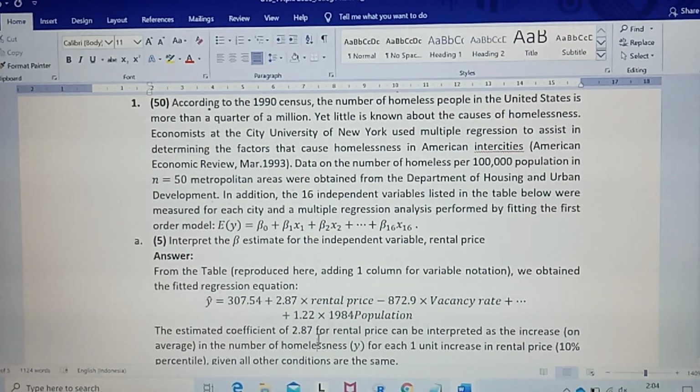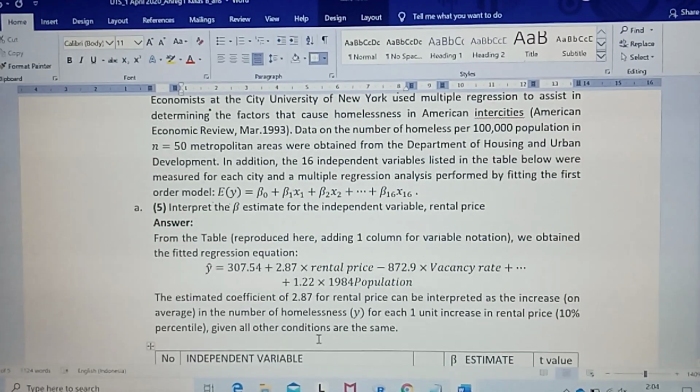The interpretation of the beta estimate for the rental price: here we have 2.87, and because our y is the number of homeless people, we can see, according to the sign that is positive, that as the rental price increases, the number of homeless people is also increasing.